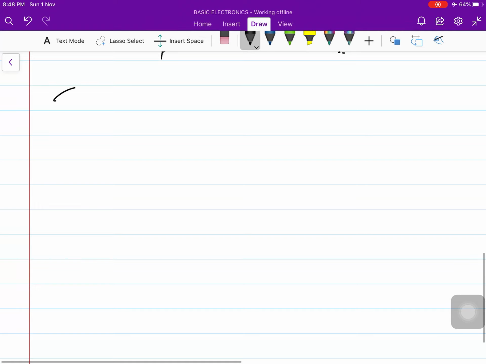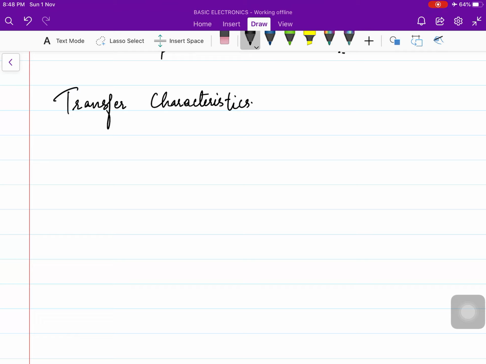Now let's move on to the transfer characteristics of JFET, which is very simple to draw. In JFET we only have three parameters, that is VGS, VDS and ID. We have already drawn the graph between VDS and ID. Now it's our turn to draw the graph of ID versus VGS.